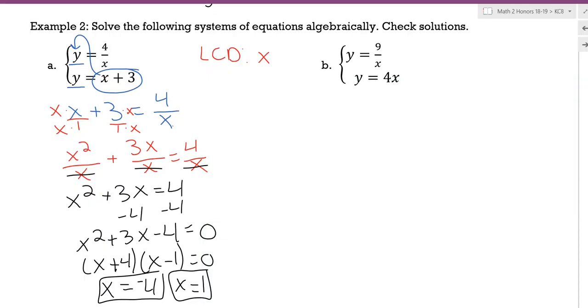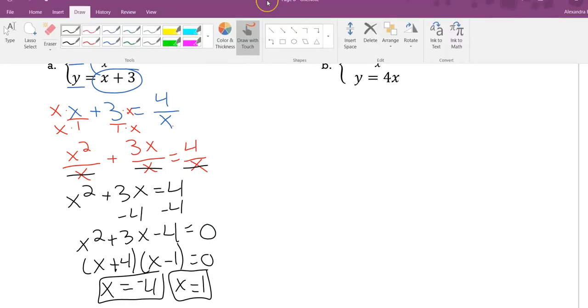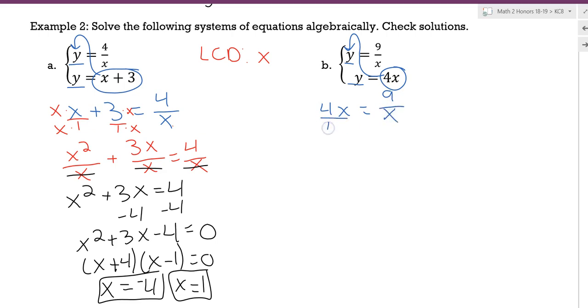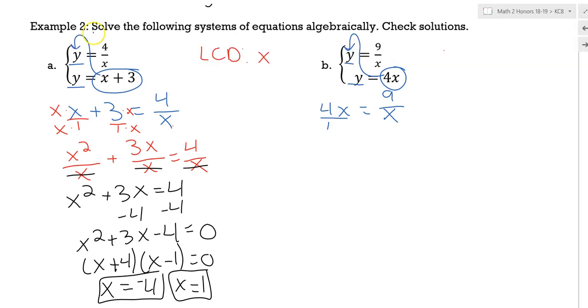All right, let's look at our second one. Y equals 9 over x and y equals 4x. I'm going to drop this right into this y because these are both y. Again, this is over 1. Our LCD, again, is going to be x.